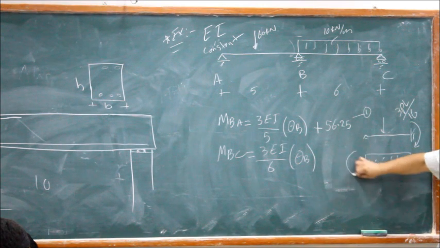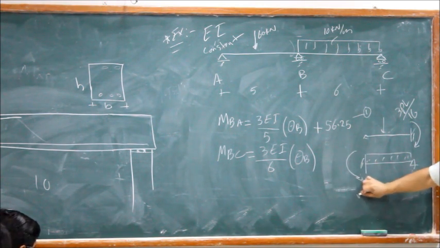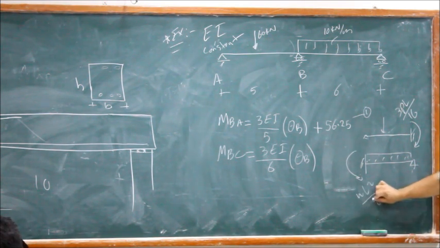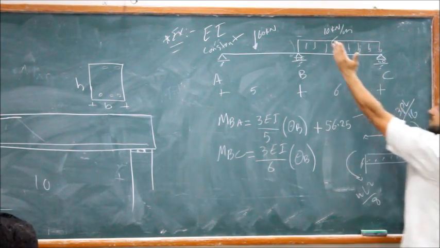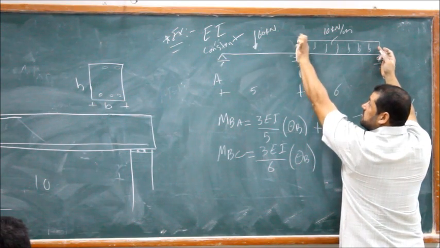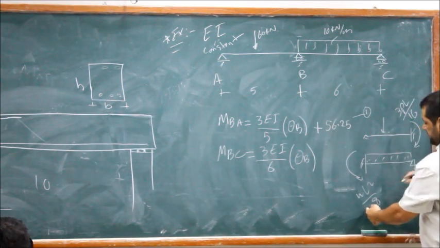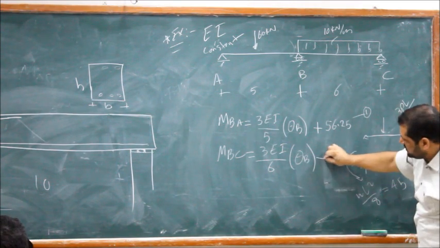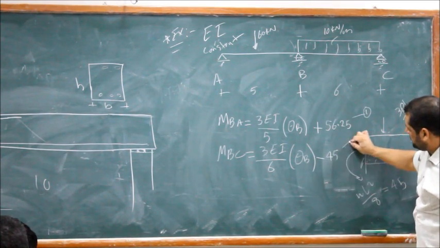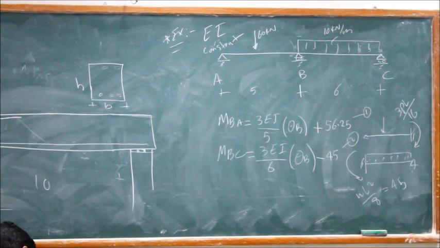If you have W, this is like this, WL squared over 8. Now we are fixing this. I'm looking at this, so the moment will be this moment, 45 in our equation, minus 45. See guys? Easy work. Be careful.